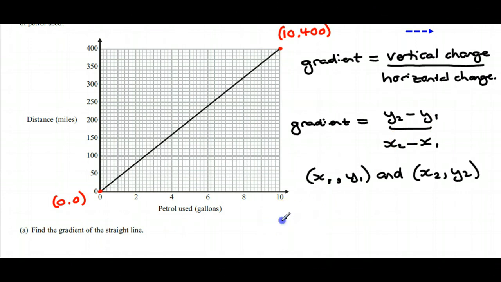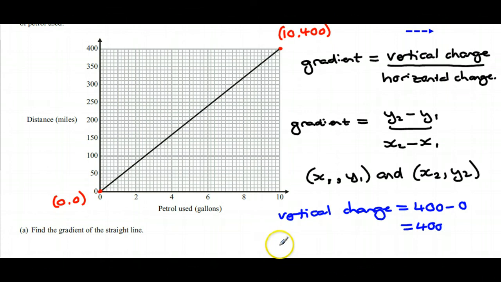So the vertical change, the y coordinate of the second point is 400, and then the y coordinate of the first point is 0. So the vertical change is 400.